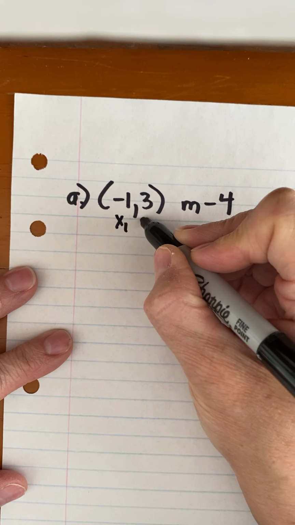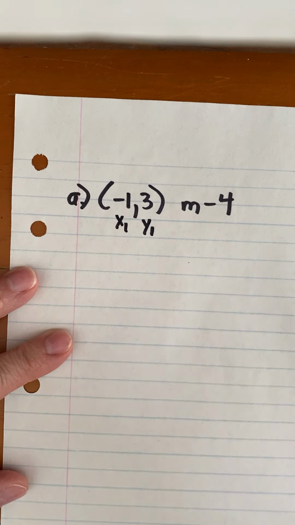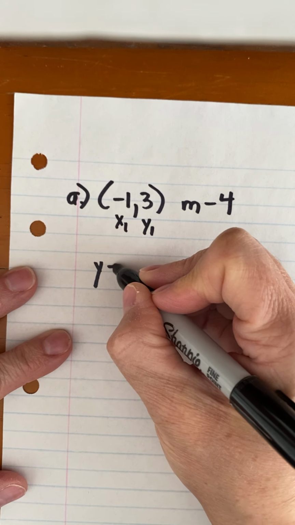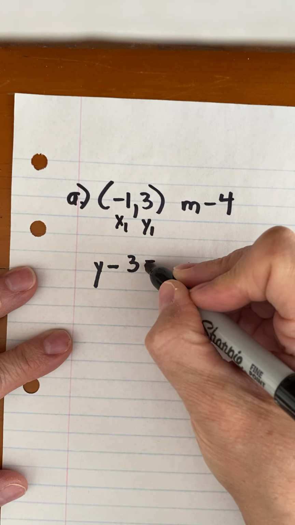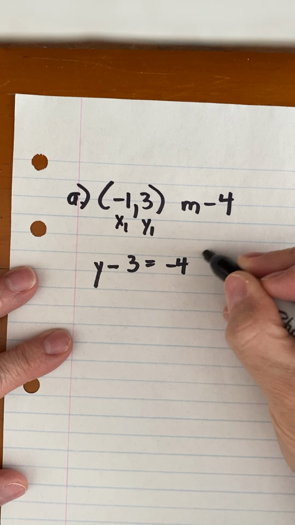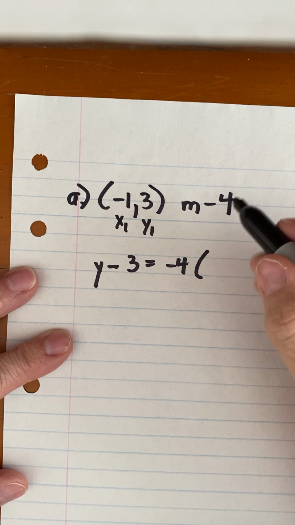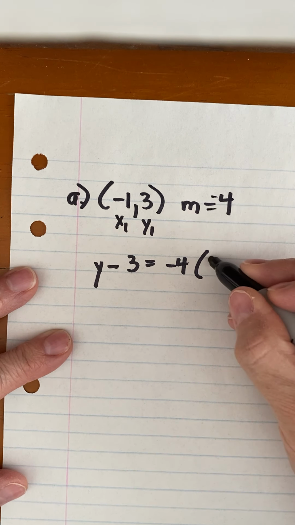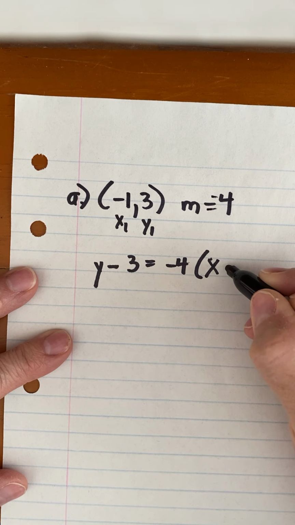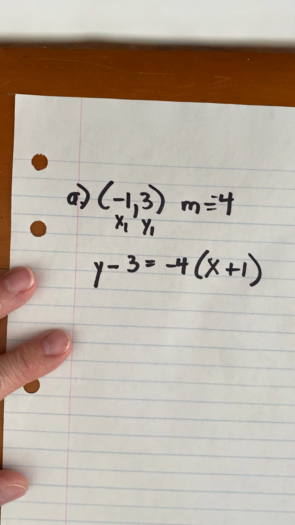So I label this x sub 1, y sub 1. And then I say y minus y sub 1 equals m times, is that a negative for you? X minus negative 1 is x plus 1. So I have put it into point slope form because I was given a point and a slope.